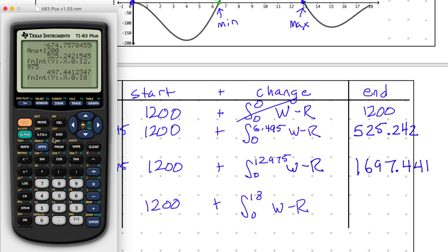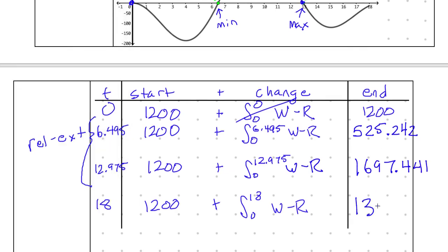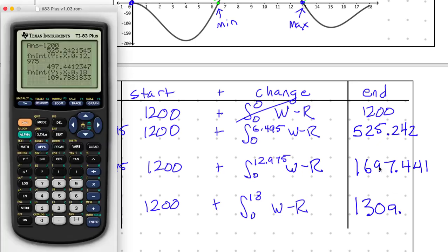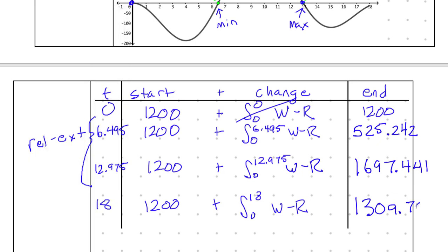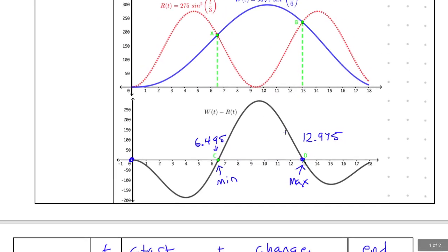Yeah, so you can delete entries without clearing the entire line. Okay. And 109, so that's going to be 1,309.788.